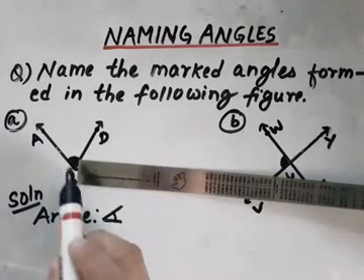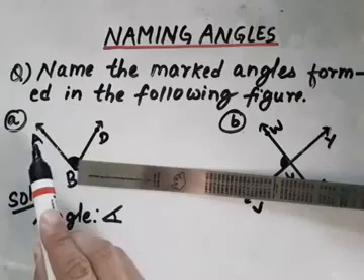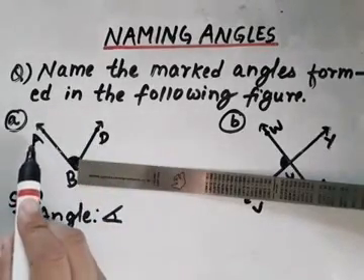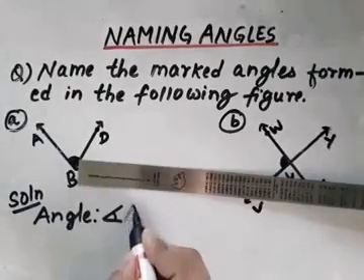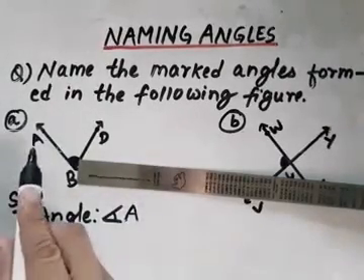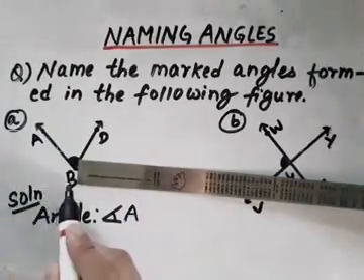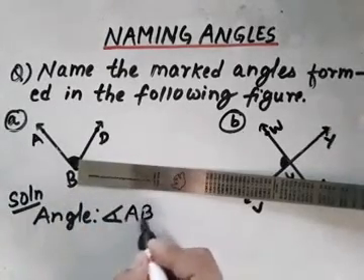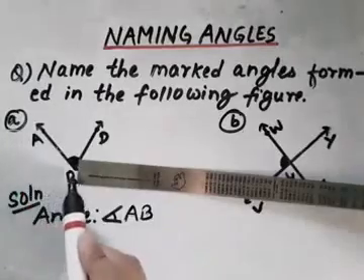It means either you can start with A or you can start with D. So let's start with A. Angle A. Now vertex should be in the middle and your vertex is B. So therefore you should write B. Angle ABD.